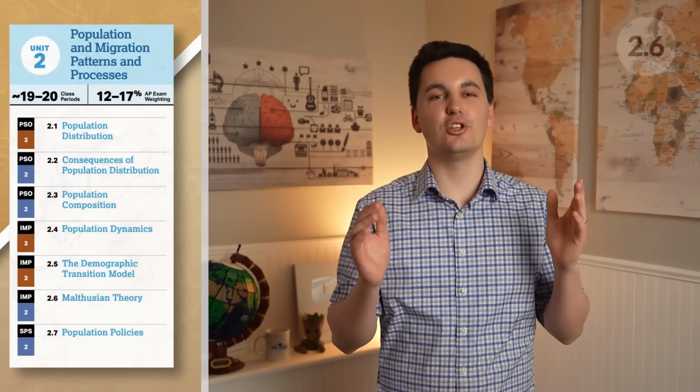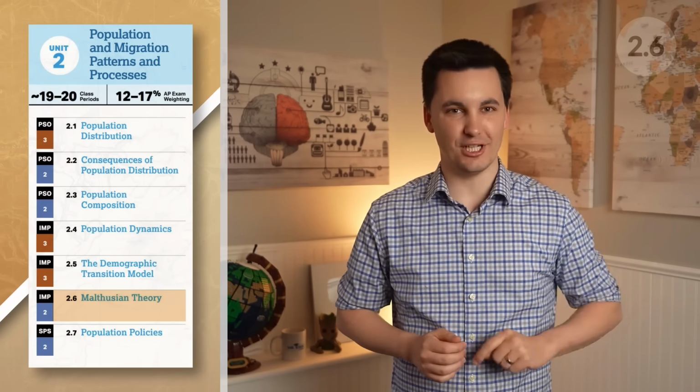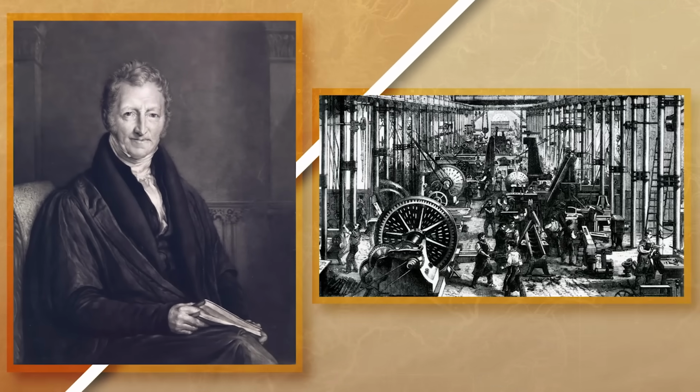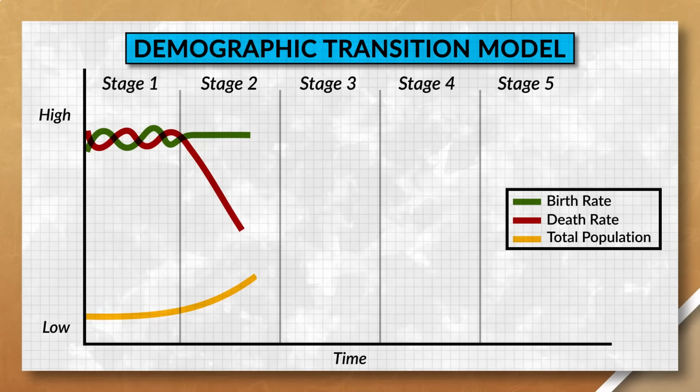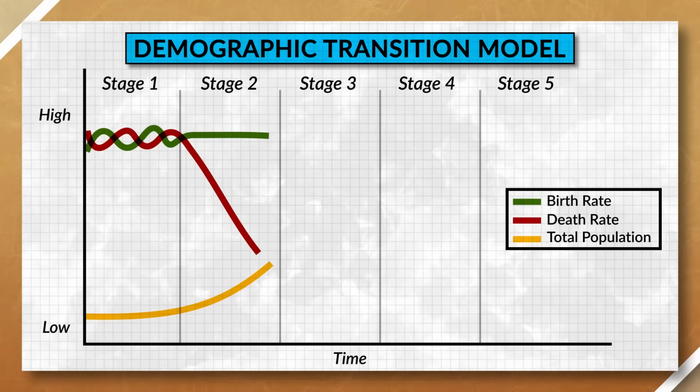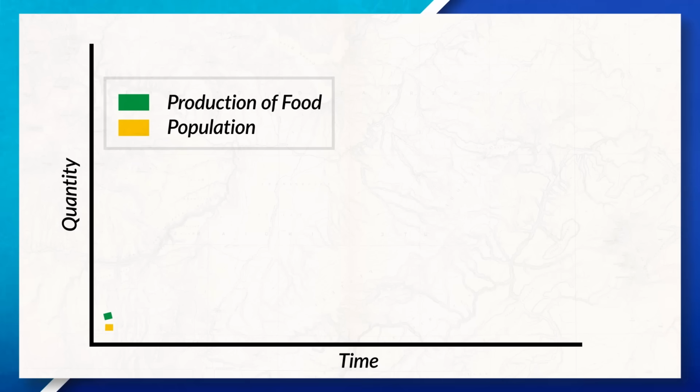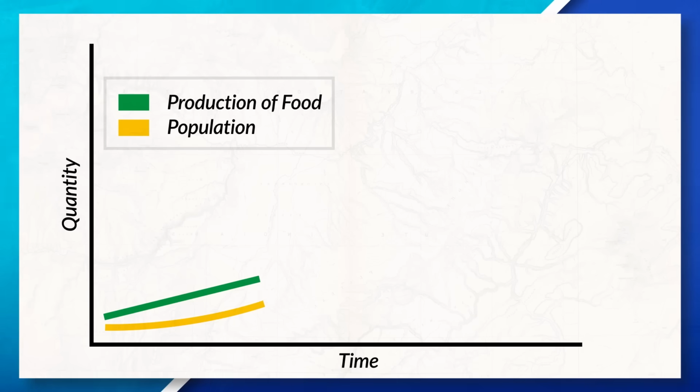Moving into the next part of the unit, we have Malthusian Theory. Malthus was an English economist who lived in England during the Industrial Revolution, when England was in stage 2 of the demographic transition model. Malthus became concerned over the population growth of society. He argued that while society's population would continue to grow exponentially, its ability to produce food would only increase at an arithmetic rate.